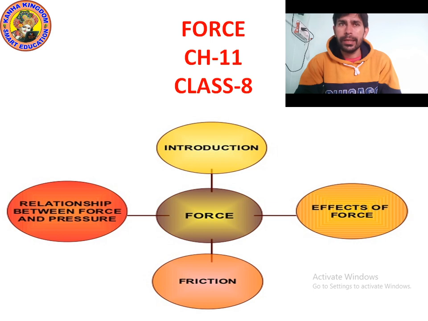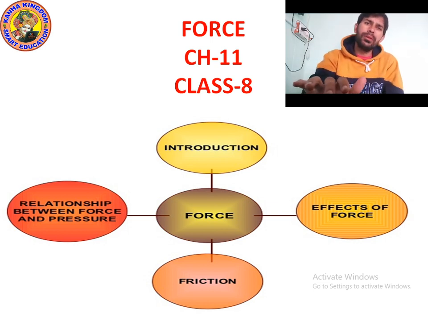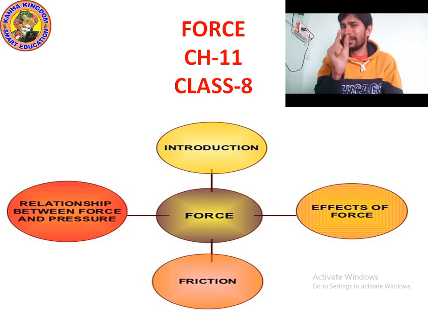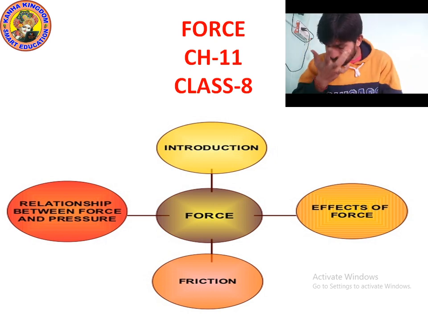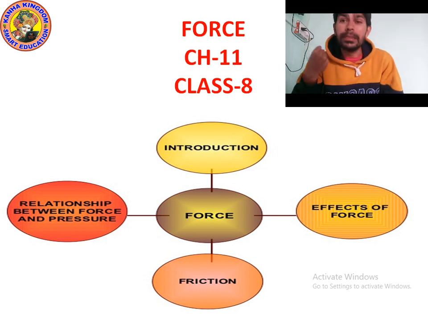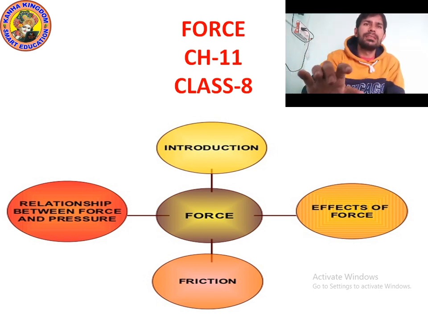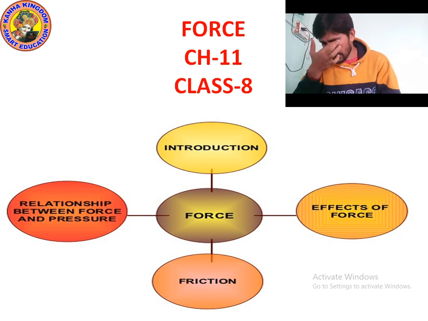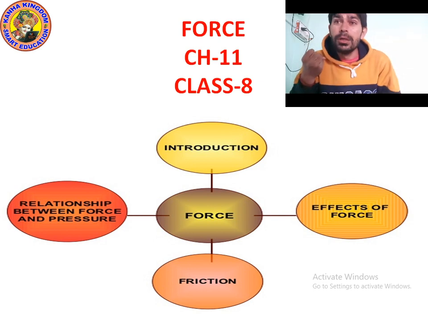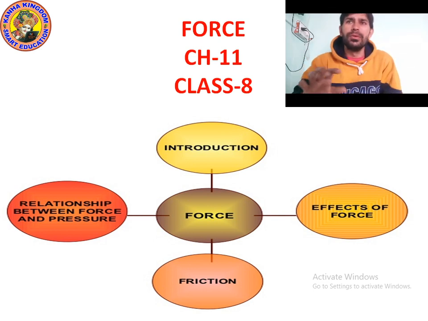Not only will we study just the term force, we will also study the different types of forces, and I will tell you what the effects of force are.